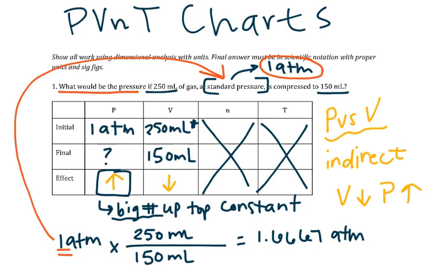The numbers you're going to focus on are 250 and 150, which both have 2 sig figs. So when we take our final answer, we can leave that decimal where it is. We're going to cut these off, so it becomes 1.7 times 10 to the 0, because we didn't move that decimal, atmospheres. And that's your final answer for number 1.